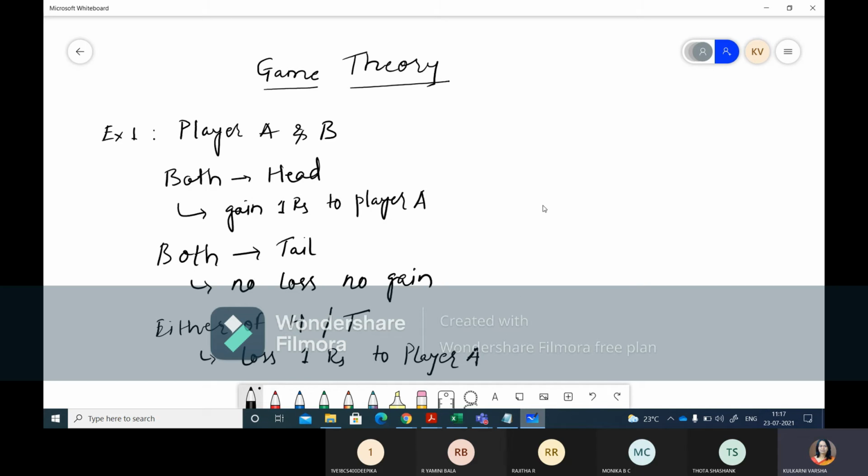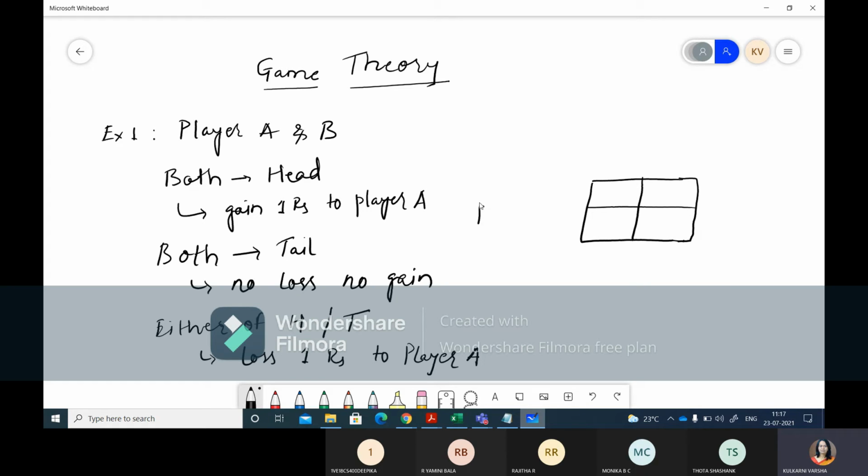Now, what we have to do is formulate this game. We are just doing the formulation of the game. We are not solving anything. So now we know that there is only head and tail, and there are two players, and either it will come as head or it will come as tail, right?